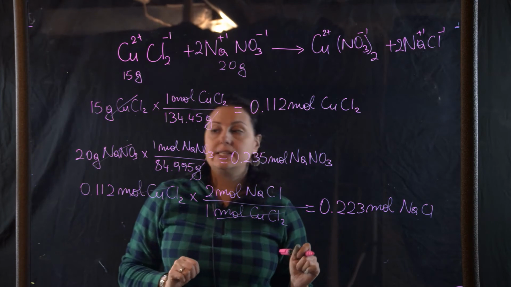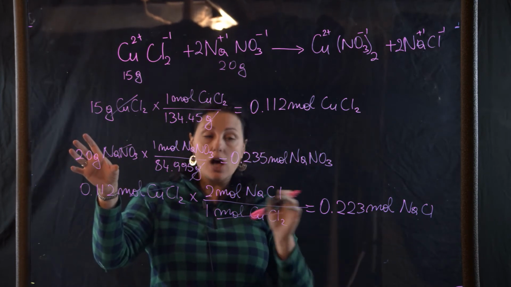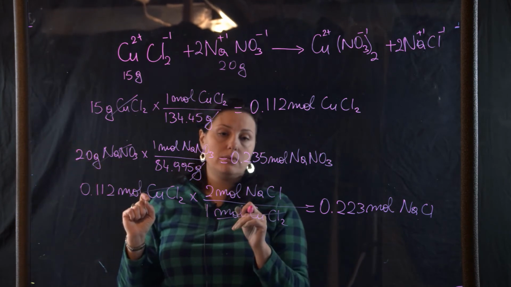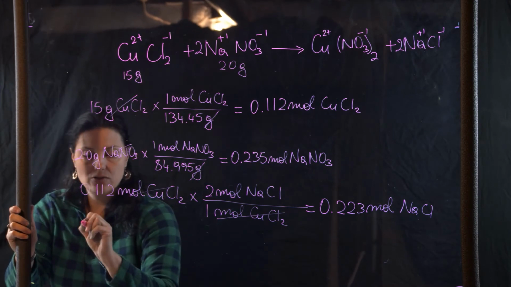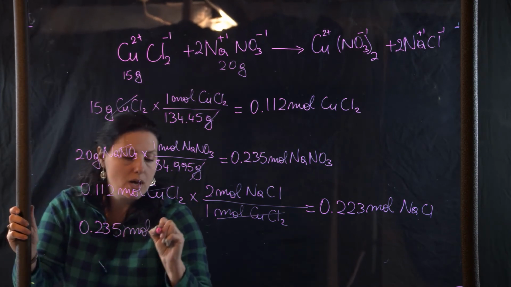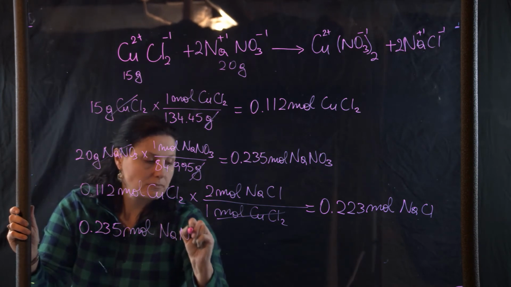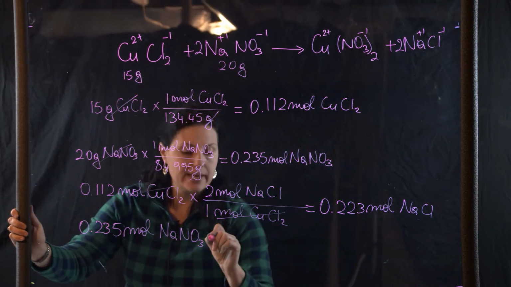Okay, so if all of those 15 grams of copper(II) chloride reacted, it would give me 0.223 moles of NaCl. How many moles of NaCl would I get if I reacted all of that 20 grams of sodium nitrate, or 0.235 moles? So I can take the amount of moles, 0.235 moles of sodium nitrate, and now relate it to NaCl.